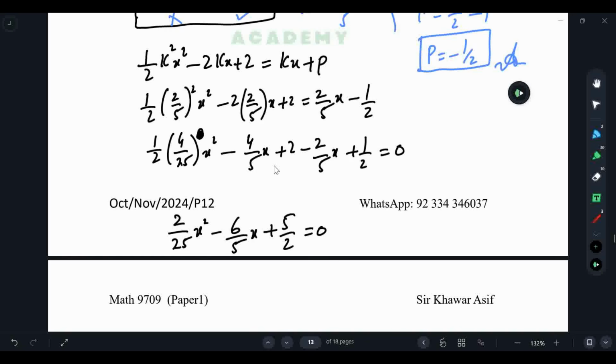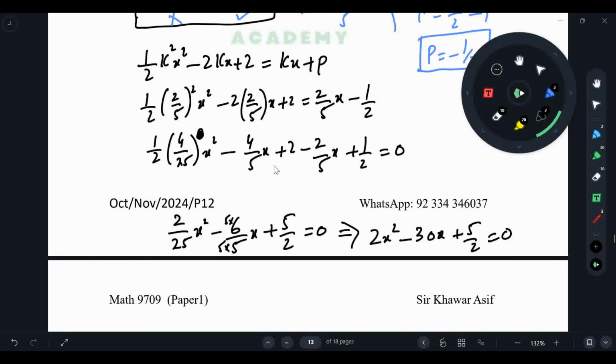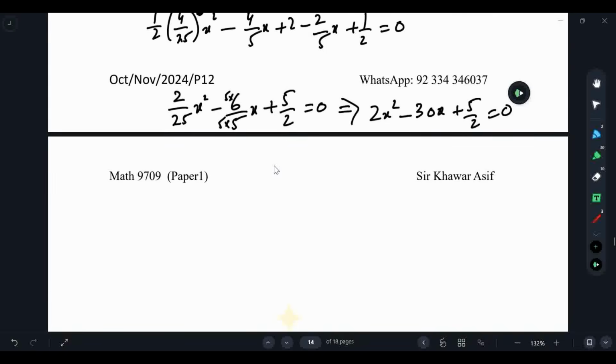Now if we take the LCM, the final form will be 2x square minus 30x plus 5 by 2. If we take the LCM again, so 4x square minus 60x plus 5 whole divided by 2 is equal to 0.